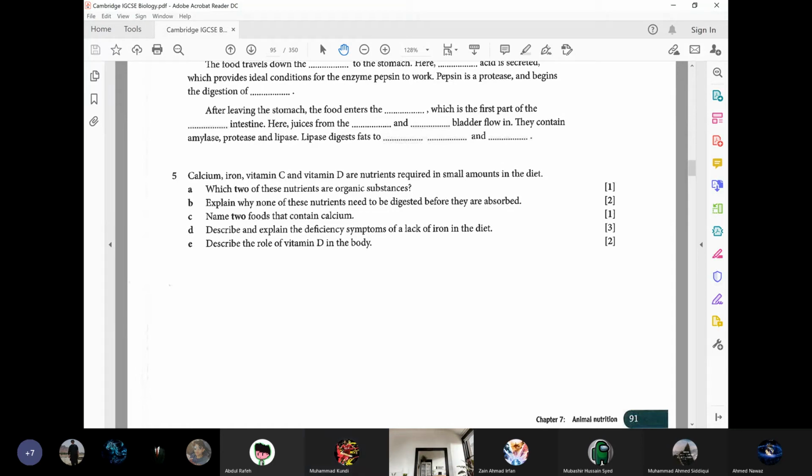They are already small molecules which can be easily absorbed into the blood. Calcium and iron are elements which are very small, and vitamin C and vitamin D are also in molecular form, very small, so they can be easily absorbed into the blood.